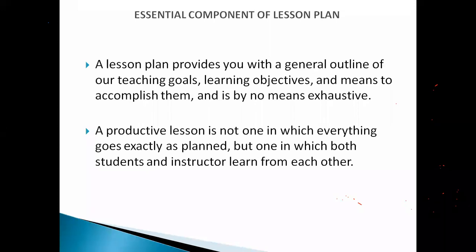There can be a situation where we have to change the plan slightly because students are of different types. Some are fast learners, some are slow. So based on the raw materials of your class, your planning should be modified at the same time. So basically it means the lesson plan must be flexible. It should not be compact, it should not be rigid, right?